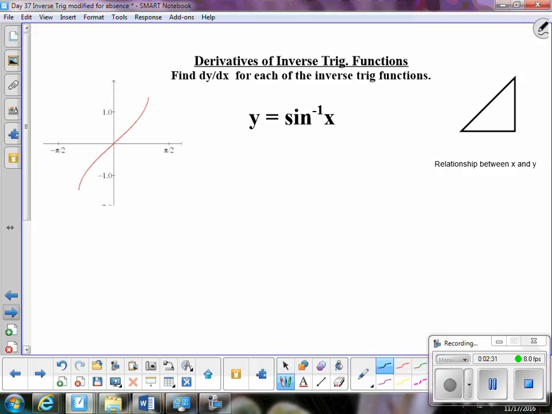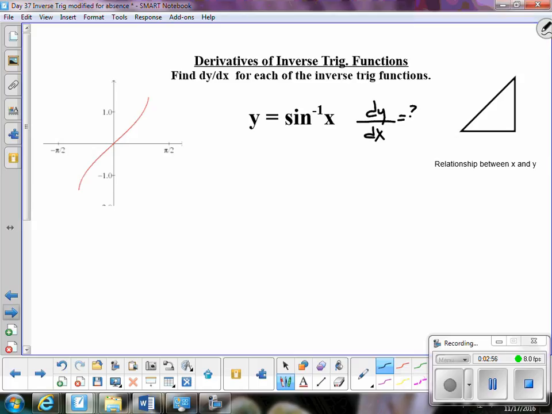So we want to know what the derivative of the inverse sine of x is. So we're starting out with y equals the inverse sine of x, and what we want to find out is dy dx. This is our goal here. Well, one thing that we can do is take the sine of both sides, because we know how to take the derivative of that.